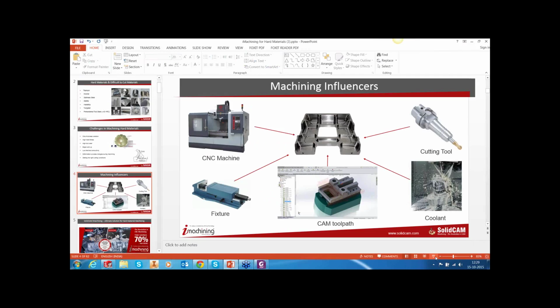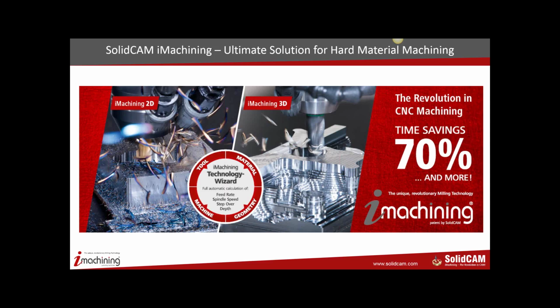So, we're going to talk today about several things, and the major one is iMachining itself. We all know, I don't have to explain to you again what iMachining is. In fact, for customers, I had to explain a lot about iMachining yesterday, but we are not going to talk much about the basics. We know that iMachining today stands out in the market when it comes to machining superalloys.